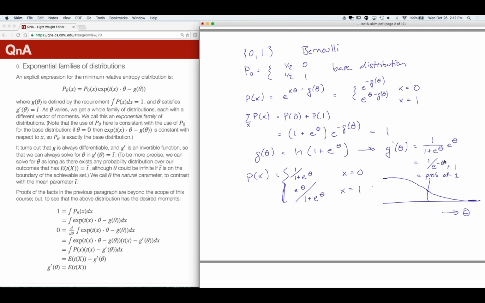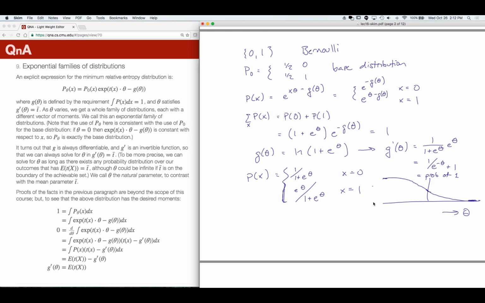We figure out what is the corresponding value of theta. All right, so that's an example of an exponential family of distributions. It's a simple example. It's got just one parameter, either theta or the probability, and you can go back and forth between those two ways of parameterizing it.